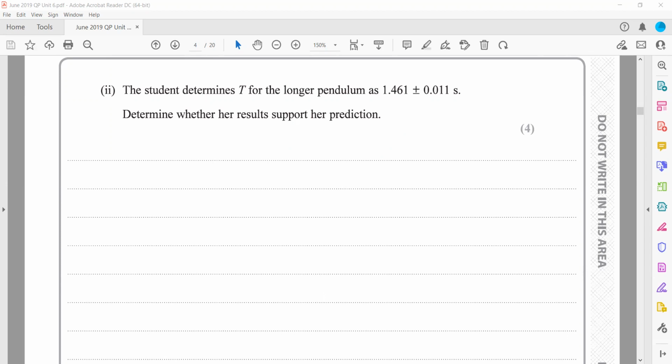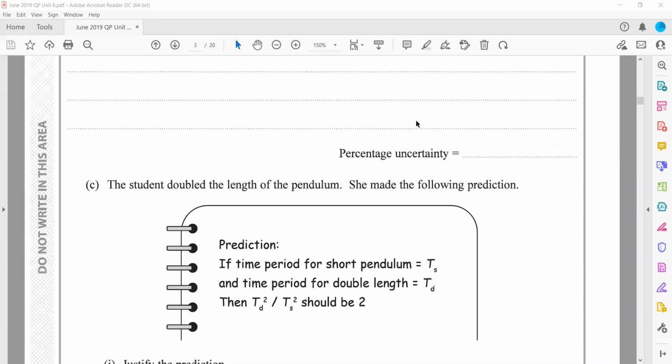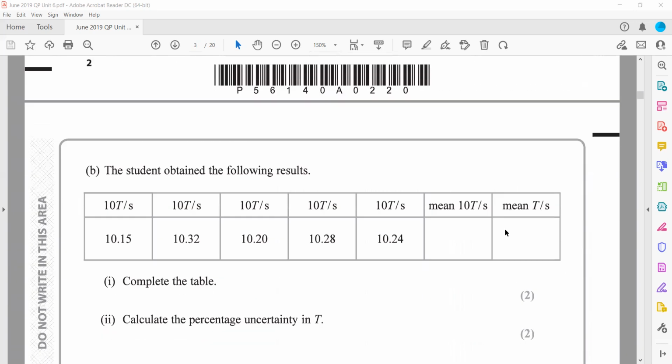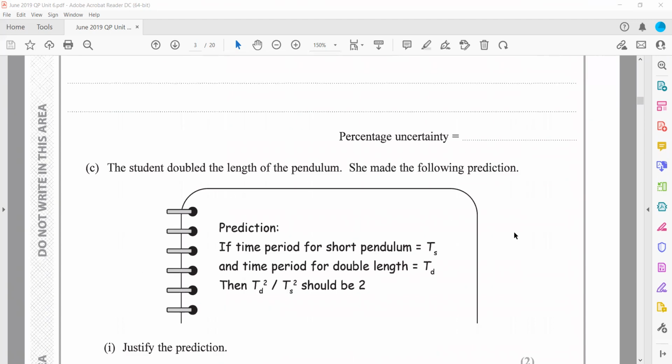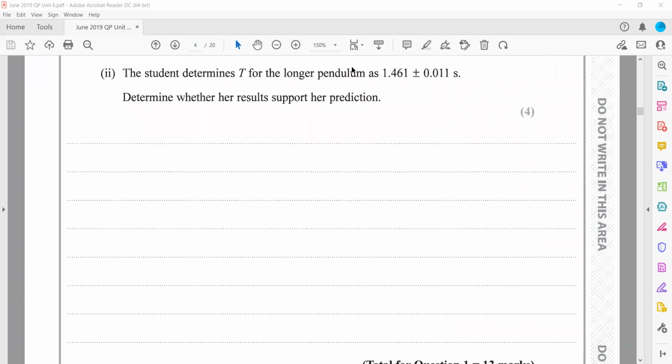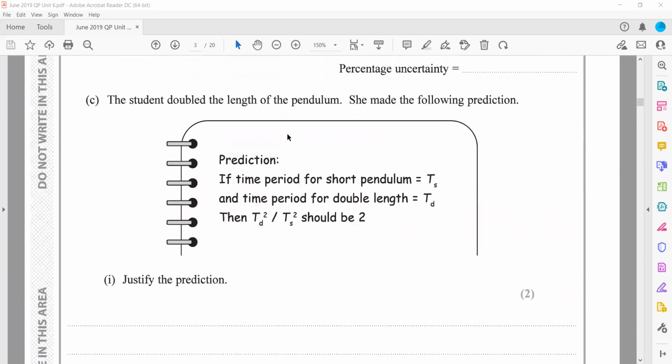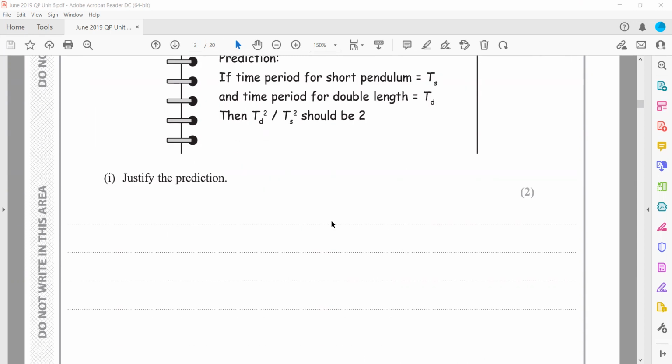Or we already worked out that the time period for the long, double-length pendulum is 1.461, and for the short one it was 1.02. So if we substitute according to the prediction, when we divide them, it should be 2.